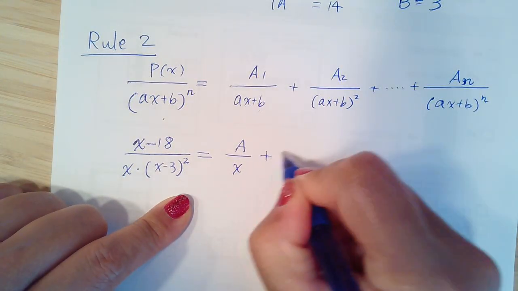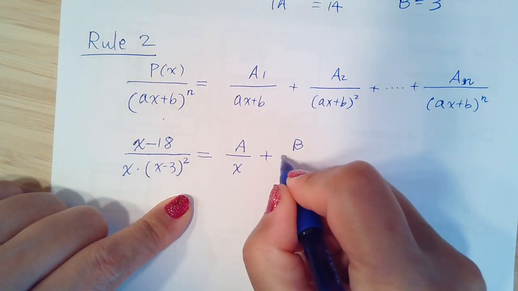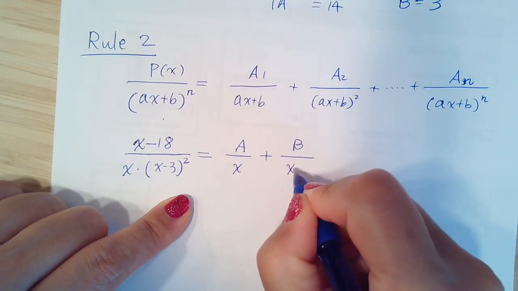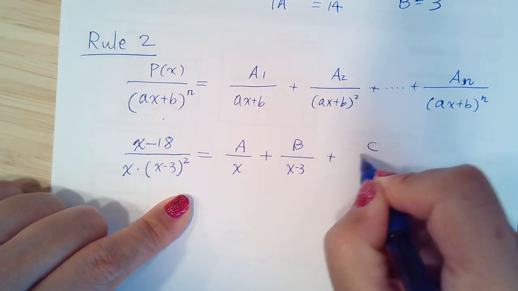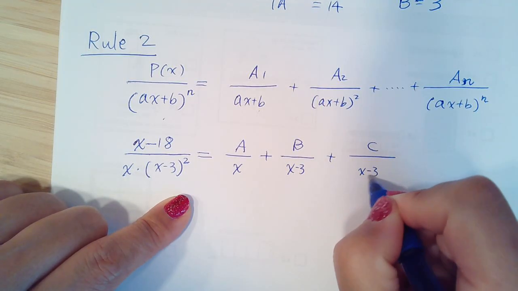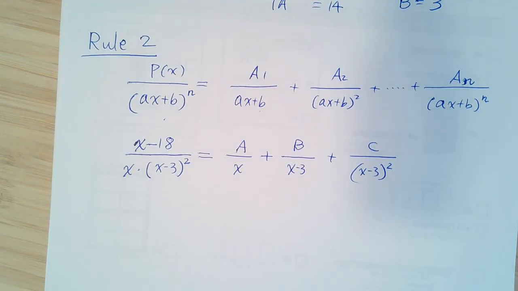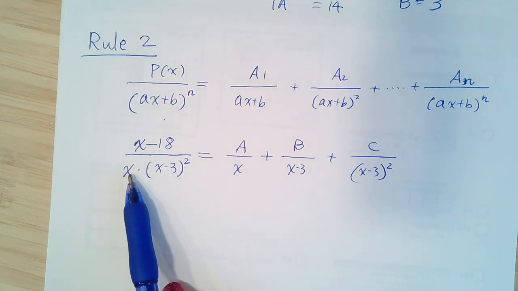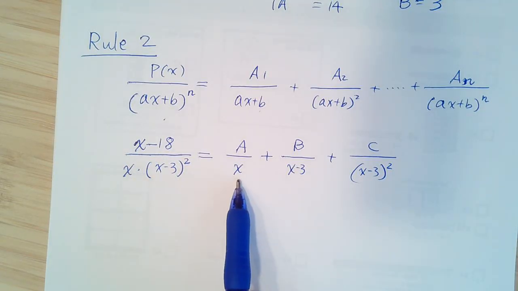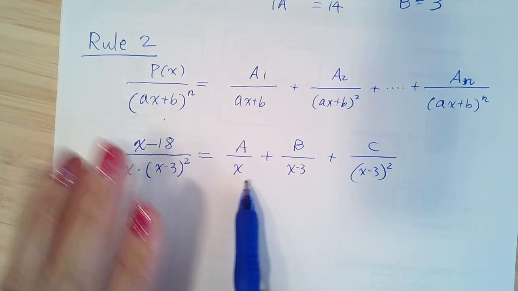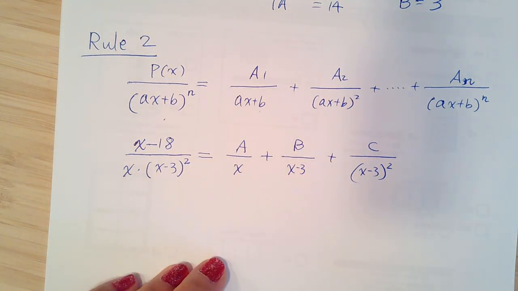So I will have, based on the rule number 1 and number 2, this, and I have a square term. Okay. All right. So from this guy goes here, that's from the rule number 1. And then later, this is the rule number 2.